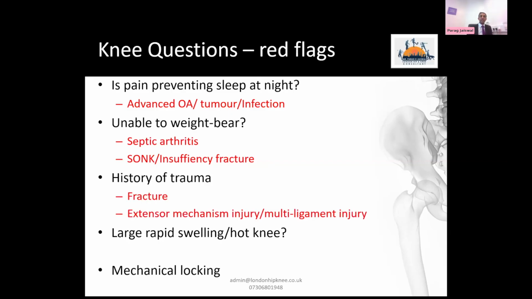Okay, history of trauma. Someone said fracture already, but the other thing to be wary of is extensor mechanism injury. So either a tear of the patella tendon or the quadriceps tendon. The reason why that's important is that sometimes patients will go to A&E with a knee injury, and the assessment will be done not thoroughly, and the A&E practitioner will say the patient is able to straight leg raise, but they're not actually straight leg raising.